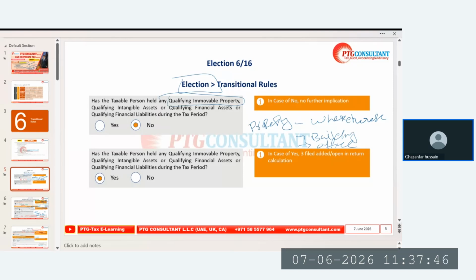First we say we want to opt in or not. We select yes, we would like to have the qualifying immovable property. But the limitation here was the cost model. We can add only the properties that are on the cost model.